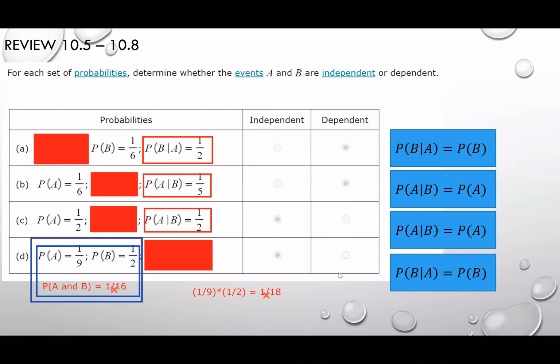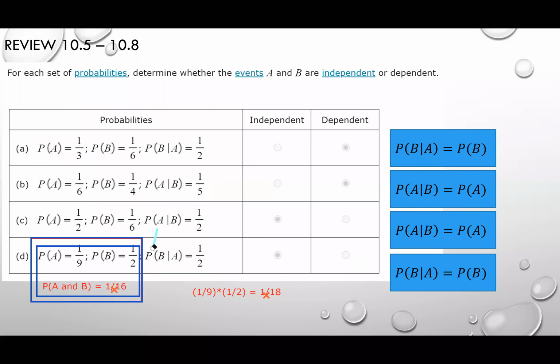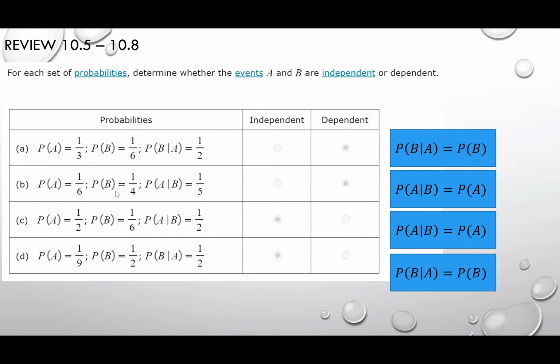If they are the same, then we say that they are independent. Okay, that's the idea: if the multiplication is the same as the probability of A and B, then they are independent. So again, that's the question, ladies and gentlemen, of how to determine if they are independent versus dependent based on this criteria.